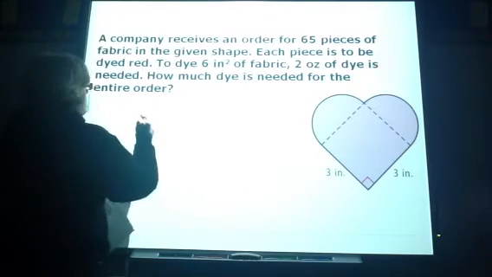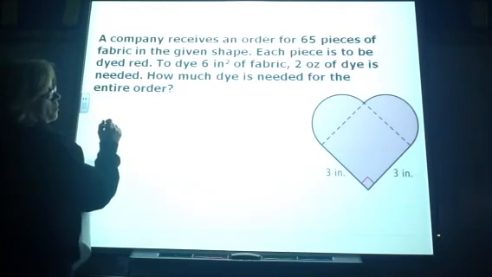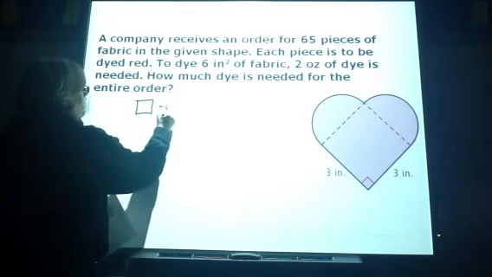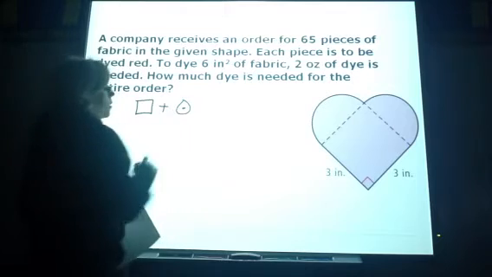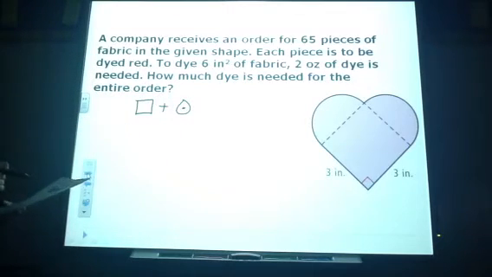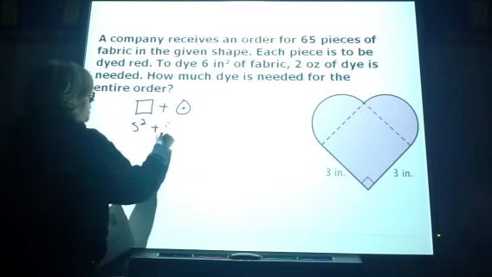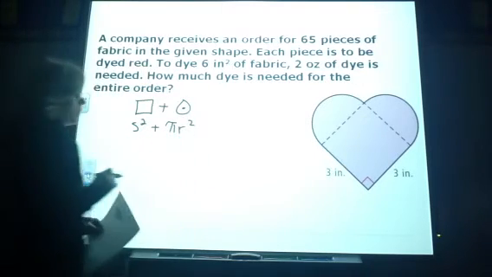Okay, so the shapes I see here are a square plus a circle, because I have 2 half circles. So I need side squared plus pi r squared.